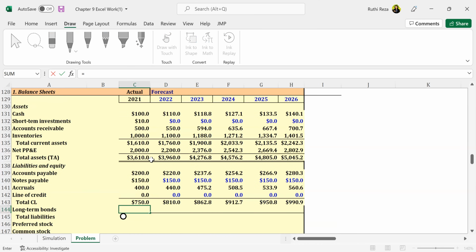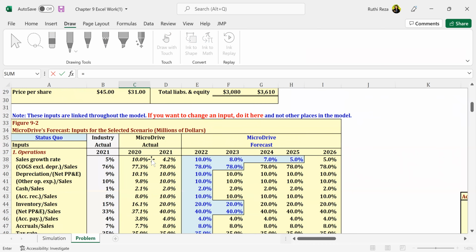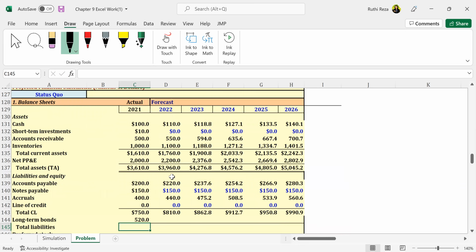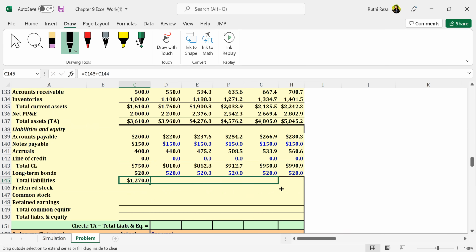Then long-term debt. $520 in the most recent year, and we are going to assume that it is going to continue for the future time period. Then total liabilities is the sum of current liabilities and long-term liabilities.